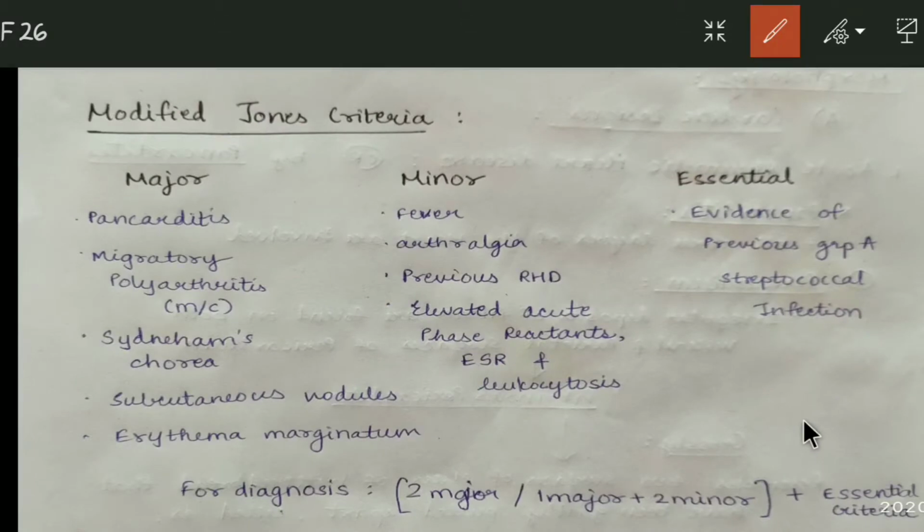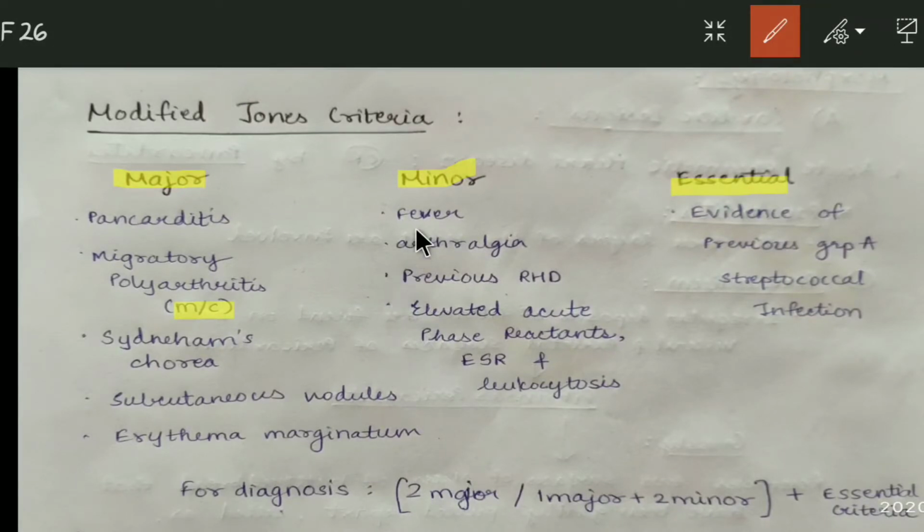Now we will discuss the modified Jones criteria. It is divided into major, minor, and essential criteria. The major includes pancarditis, migratory polyarthritis, which is the most common in the major criteria, Sydenham's chorea, subcutaneous nodules, and erythema marginatum.